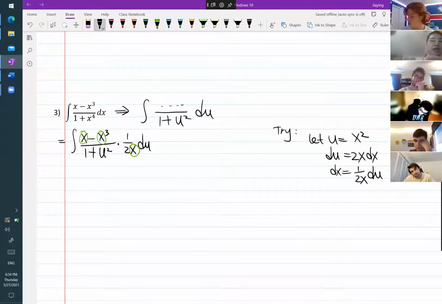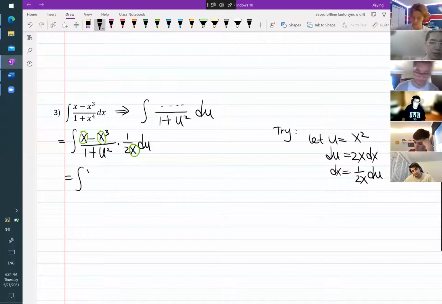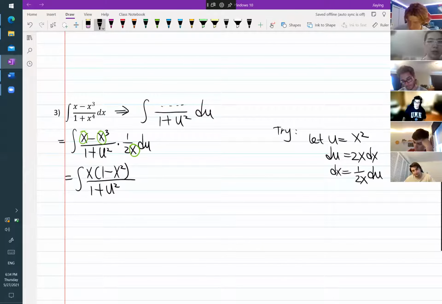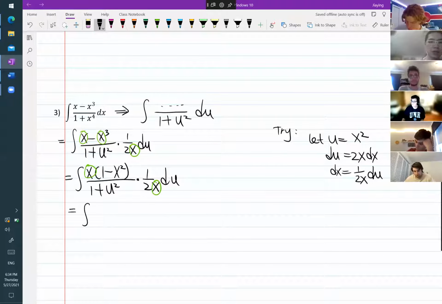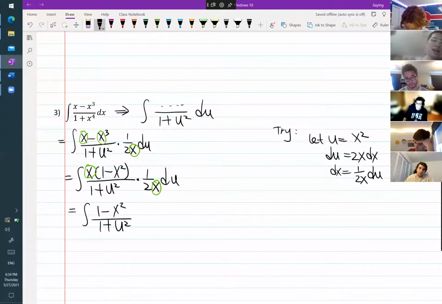So factor out x from the numerator, so we get x times 1 minus x squared divided by 1 plus u squared times 1 over 2x du. Now I can simplify the x term. So this cancels. It gives me integrating 1 minus x squared divided by 1 plus u squared. And then I have a half, but I'm going to put it in front. Don't worry about the half. du. So it looks like it's simplified a bit.